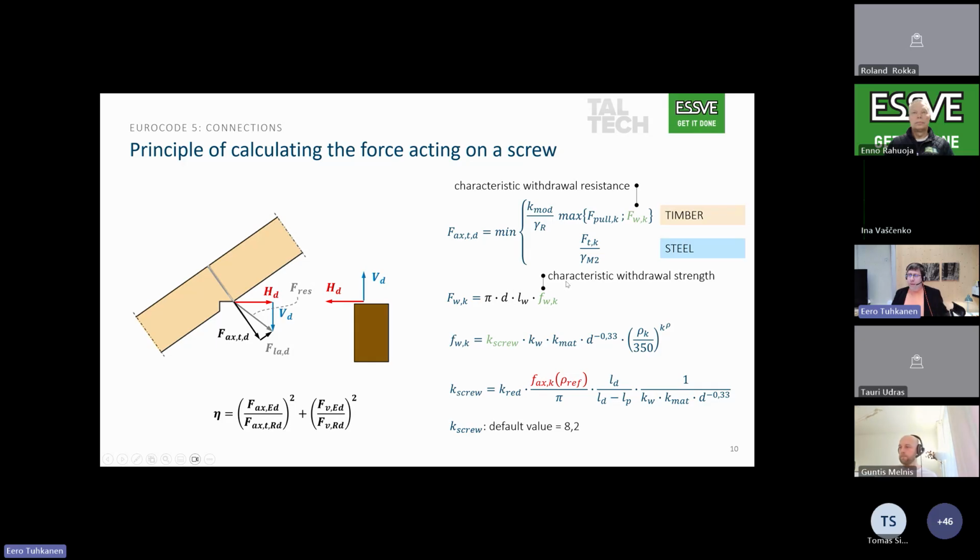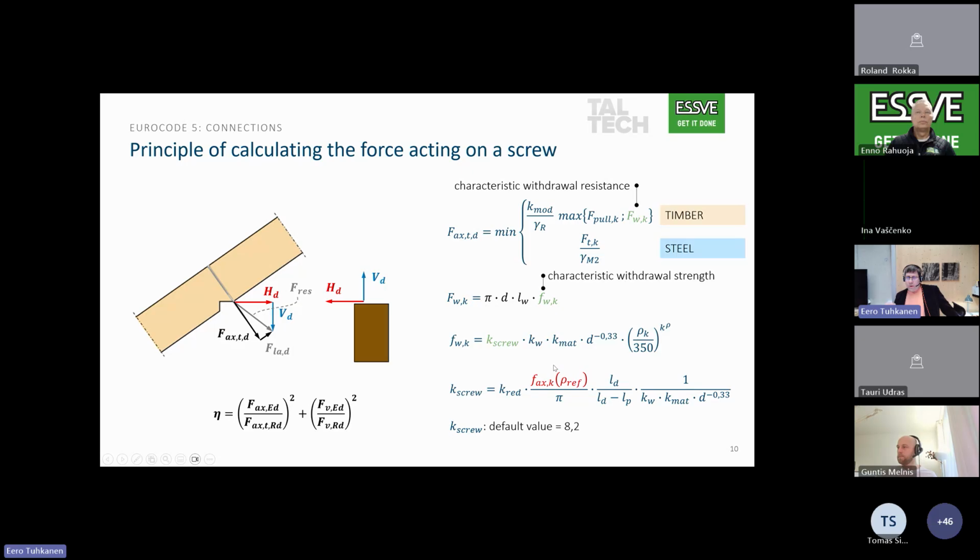And also there is a characteristic withdrawal strength, not a withdrawal parameter anymore. If you are using a screw according to a harmonized standard, you can calculate the withdrawal strength according to this formula, and the k_screw value here, the default value in the standard, is 8.2.